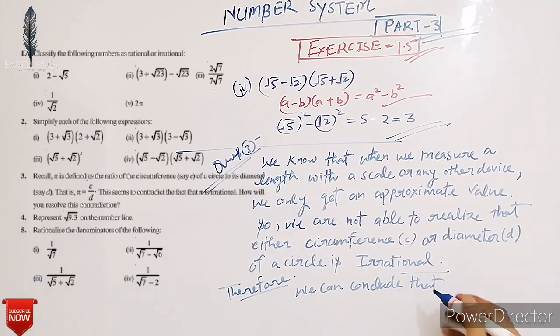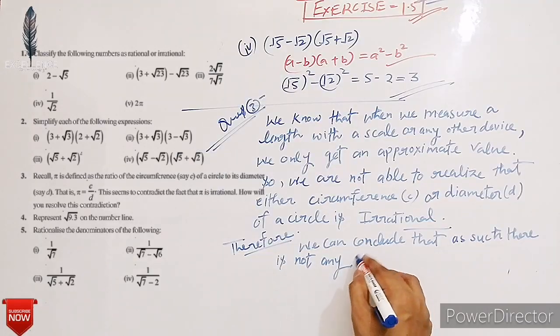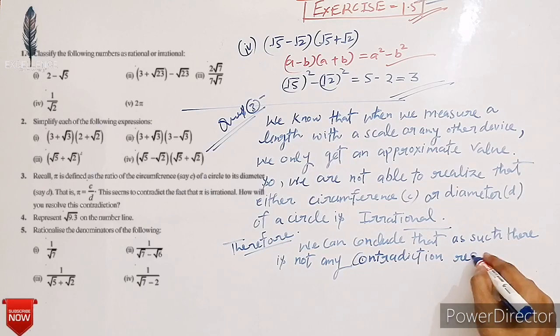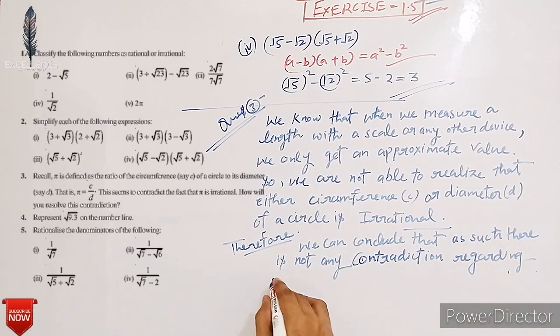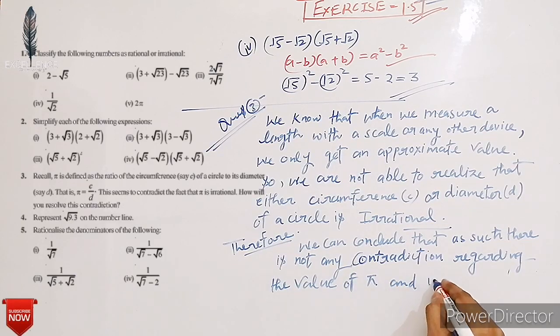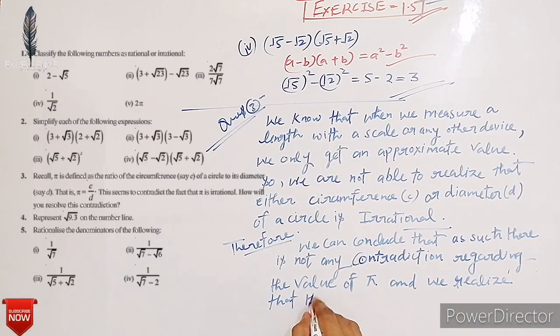Therefore, we can conclude that as such there is not any contradiction regarding the value of pi, and we realize that the value of pi is irrational. Okay students, clear?